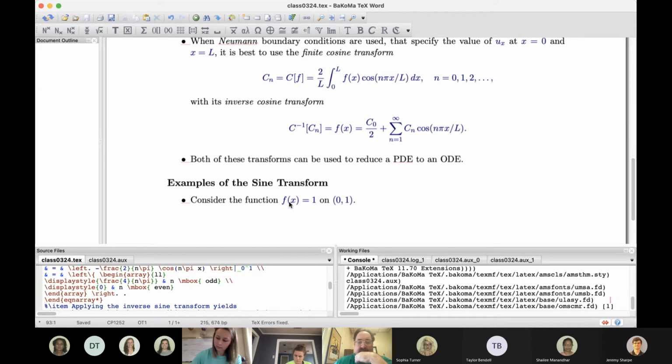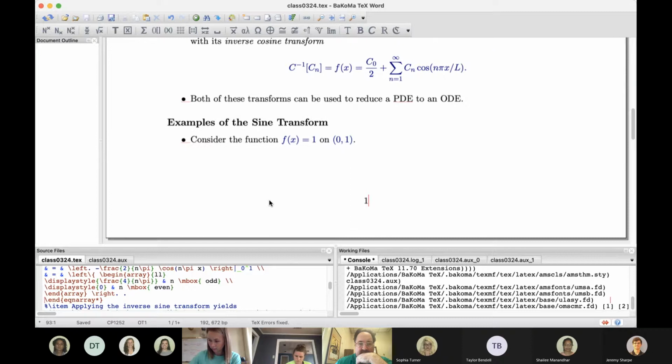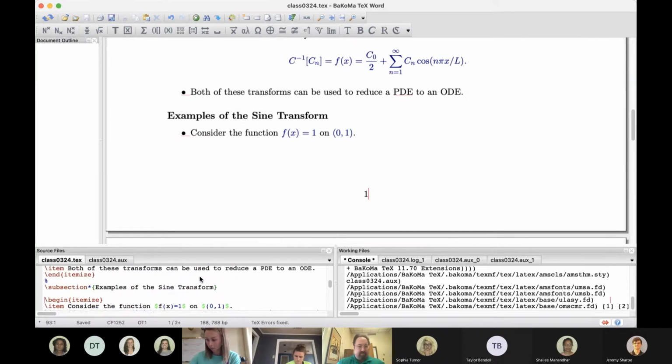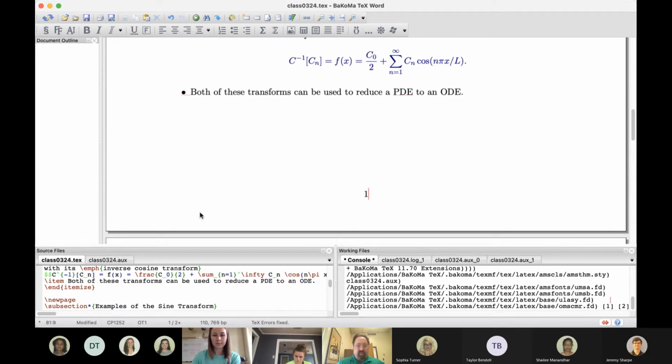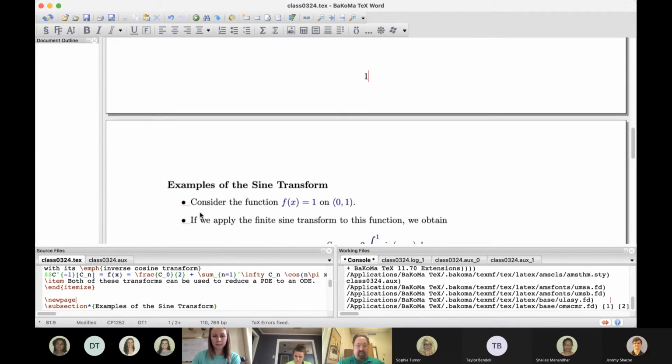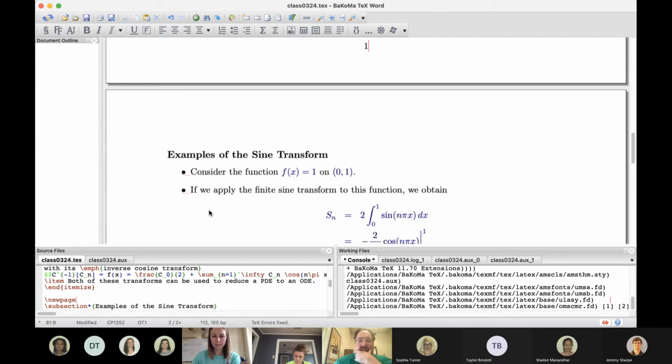Suppose I have the function 1 on the interval 0 to 1, so capital L would be 1 in this case. I'm going to move this to a new page. Now we take the finite sine transform.